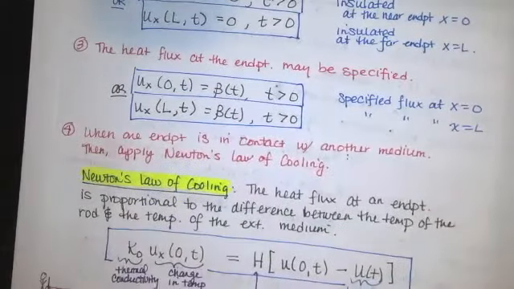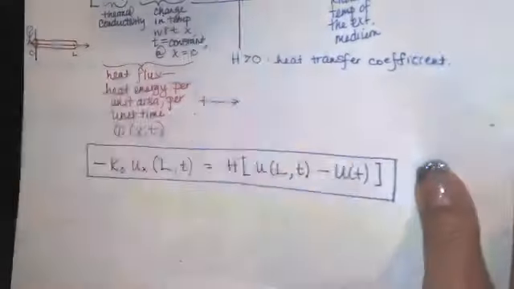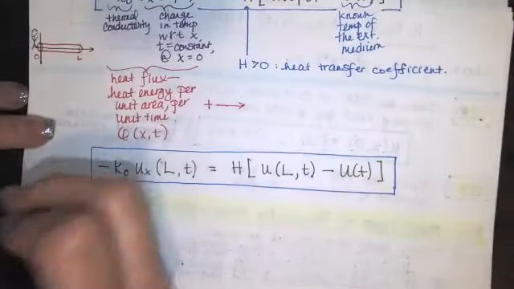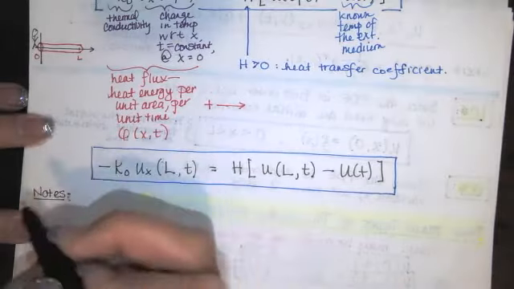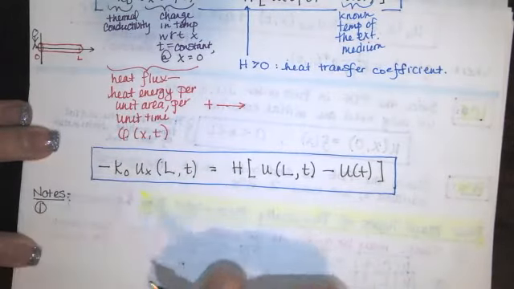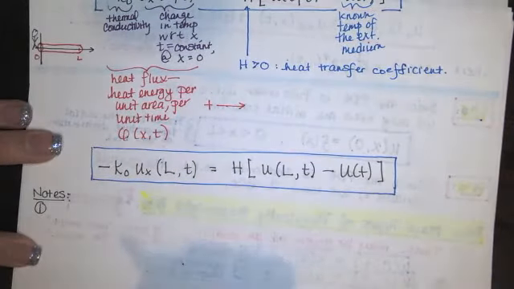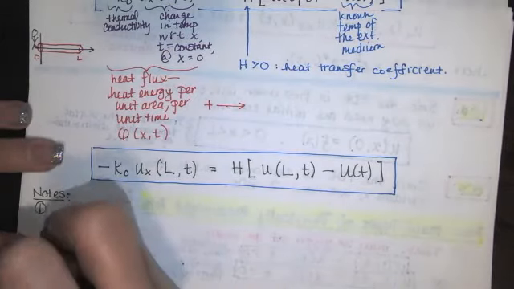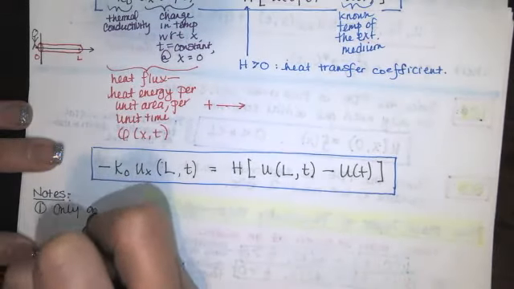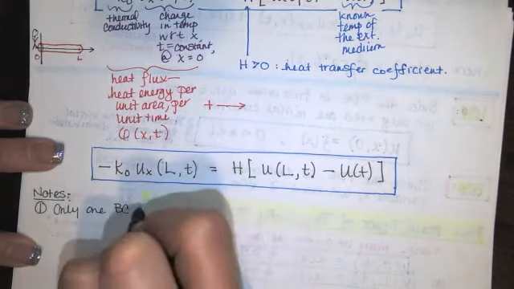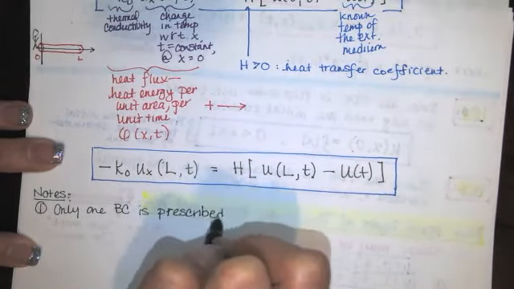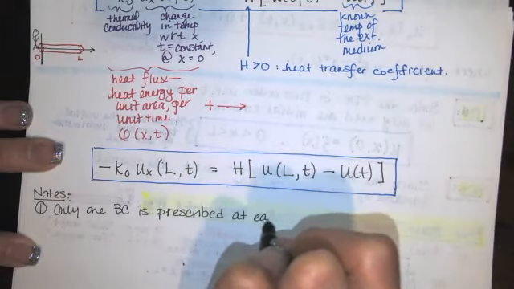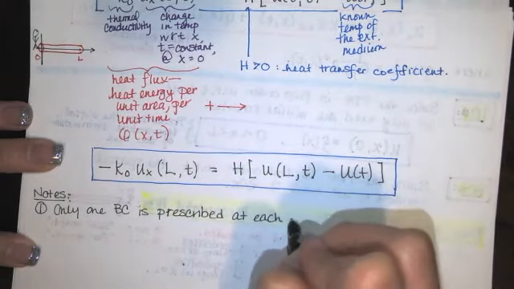Before we come up with a mathematical model, which will be described more fully in the next video, there are a couple of notes from the book that I thought were worth pointing out. We're only going to prescribe one boundary condition at each endpoint. Now I know it's second order with respect to x.